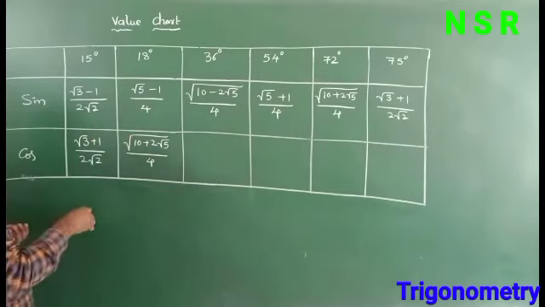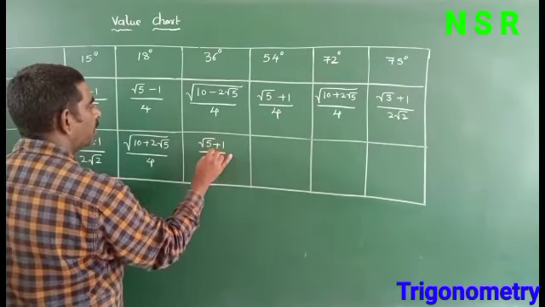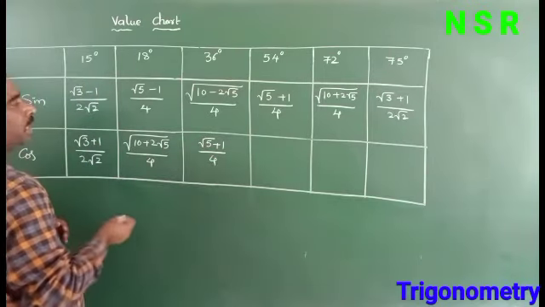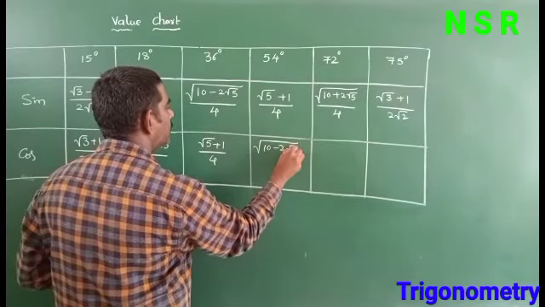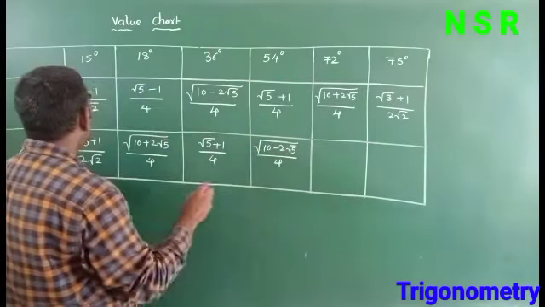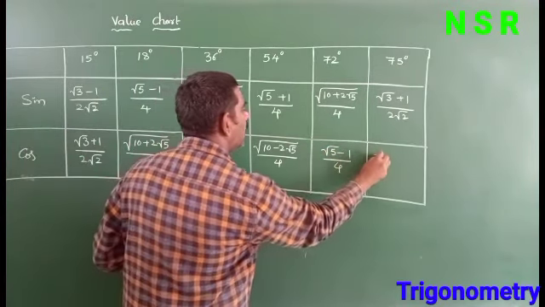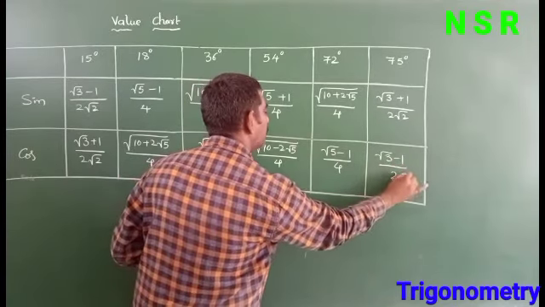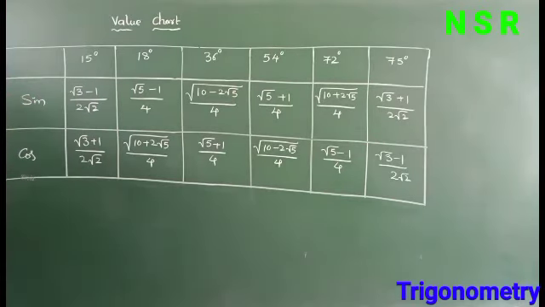Next sin 54 is equal to cos 36, that is root 5 plus 1 by 4. Next cos 54 is equal to sin 36, that is square root of 10 minus 2 root 5 by 4. Next write here root 5 minus 1 by 4 and finally root 3 minus 1 by 2 root 2. So these are the value chart of 15, 18, 36, 54, 72, 75 of sin and cos.